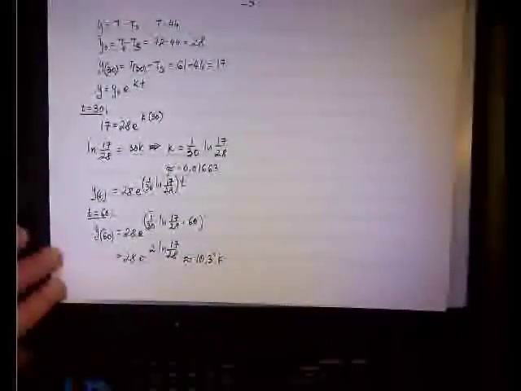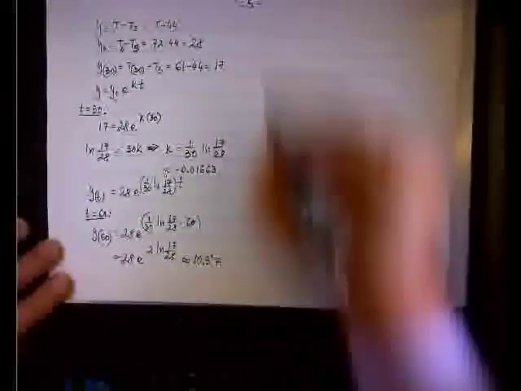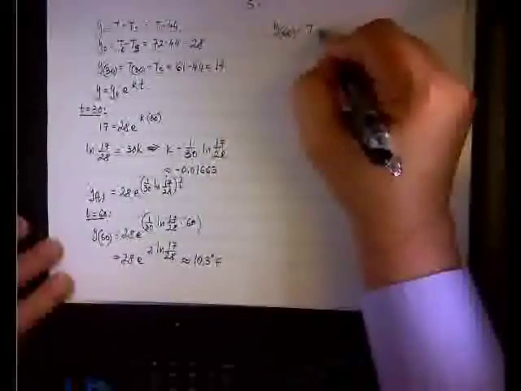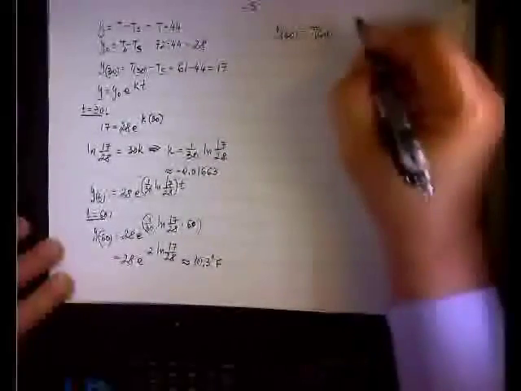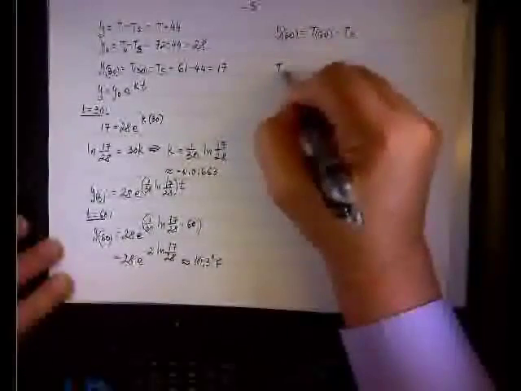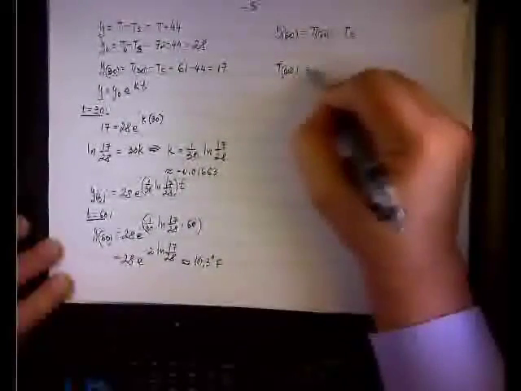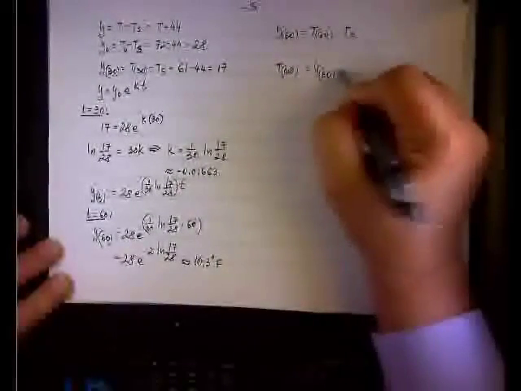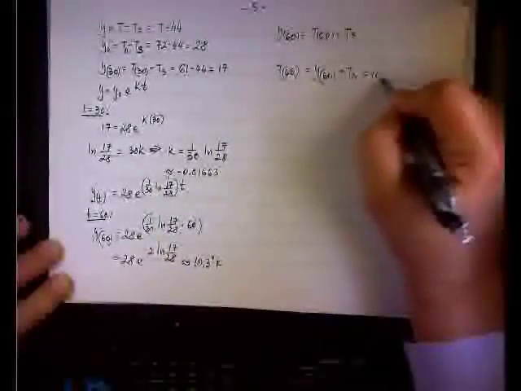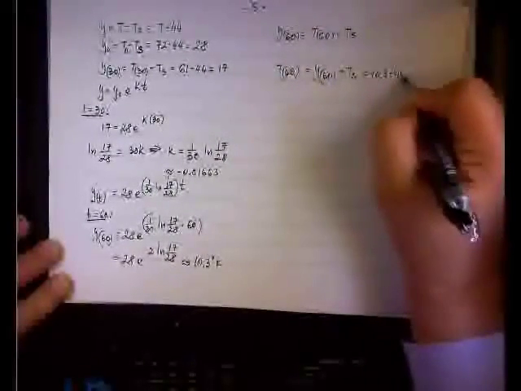But what is the temperature of the object? Y of 60, by definition, is T after 60 minutes minus T sub s, right? So T after 60 minutes will be Y of 60 plus T sub s, or 10.3 plus 44.